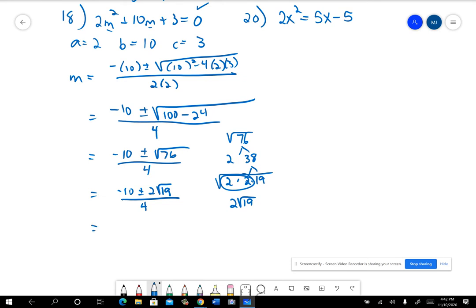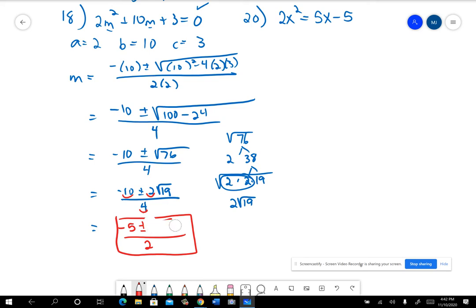All right, and then we look at this point to see if we can simplify further. Because all of these 3 numbers are divisible by 2, I'm going to divide by 2 everywhere. So that'd be negative 5 plus or minus 1 square root of 19, all divided by 2. And that's my final answer, except I wouldn't have written the 1 right there.